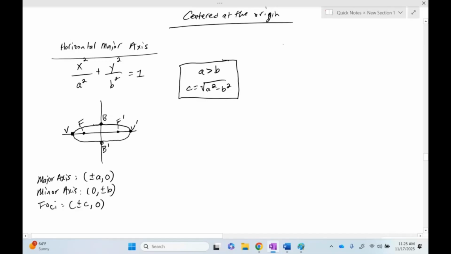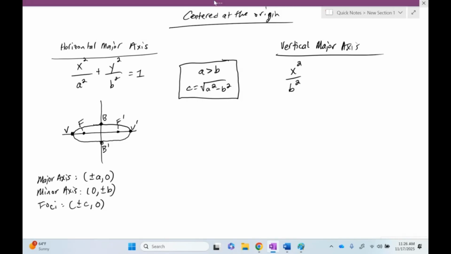Now we're going to look at an ellipse with a vertical major axis. Right, so if it has a vertical major axis, your model form is x squared over b squared.